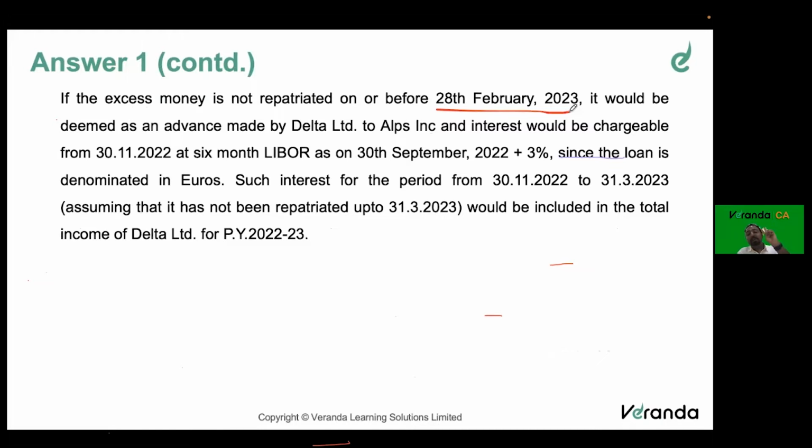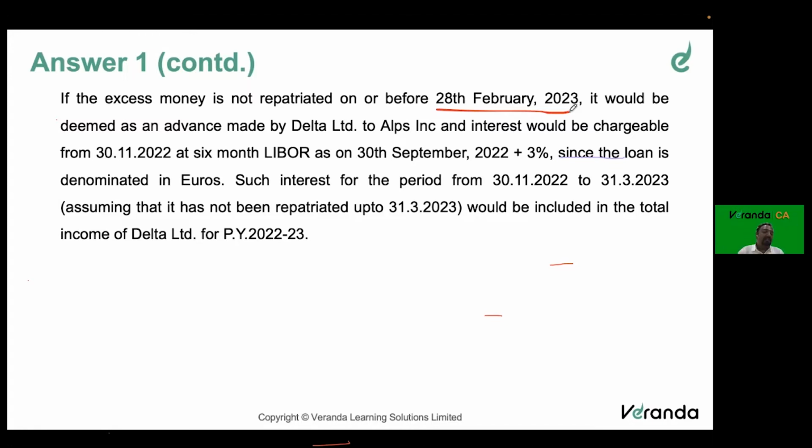There are two interest rates specified. If it is an Indian currency loan, the SBI rate, the lending rate of State Bank of India, plus 3%. In case it is relating to LIBOR, that is if it is an external commercial borrowing, borrowed in foreign currency, then 6-month average LIBOR as on 30th September of that particular year, plus 3.25%.